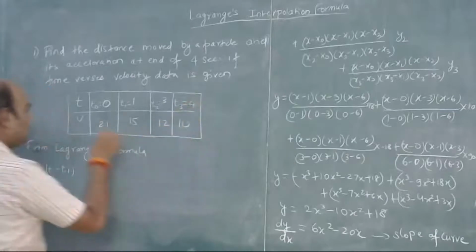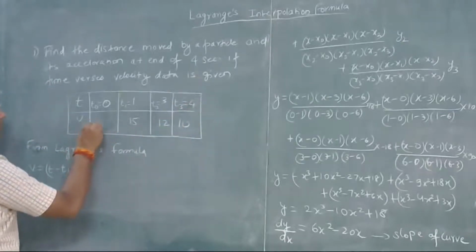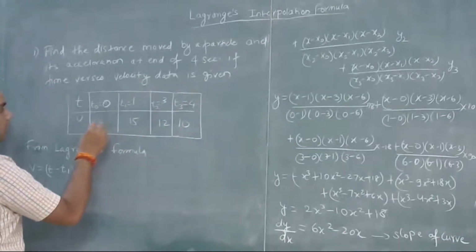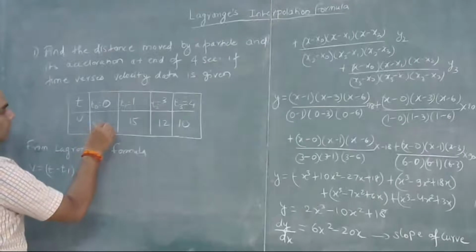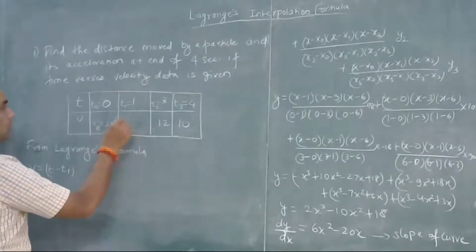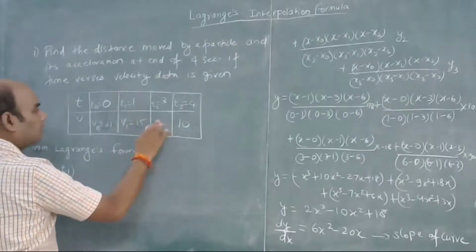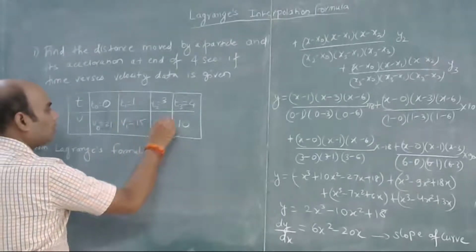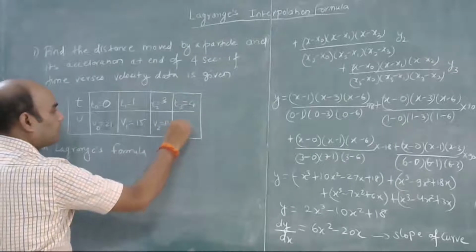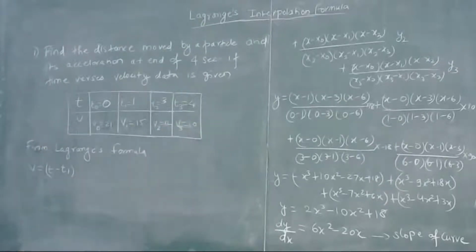And it will be v0, and this will be v1 is 15, v2 is equal to 12, and v3 is equal to 10. Okay. So these will be the corresponding values of v and t: 21, 15, 12, 10.